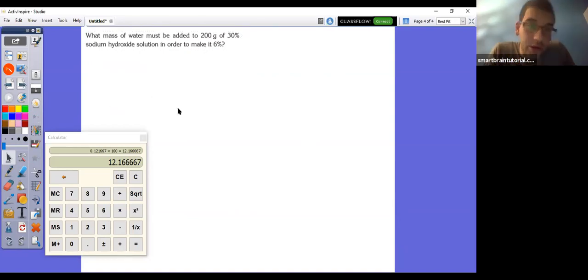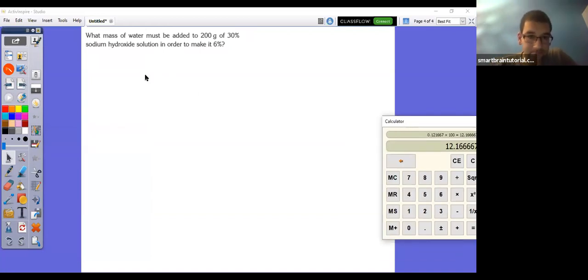What mass of water must be added to 200 grams of 30% sodium hydroxide in order to make 6%? Okay, this is a little bit difficult. But if the concept of percentage concentration is clear in our mind, we can easily solve this exercise.